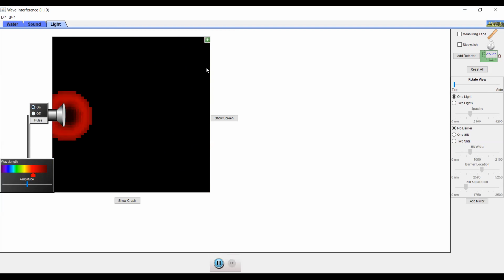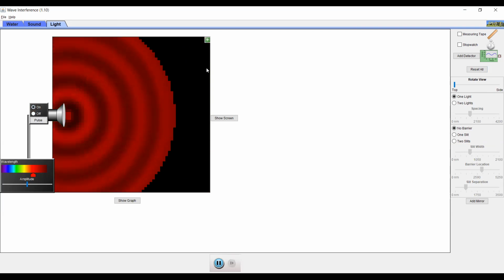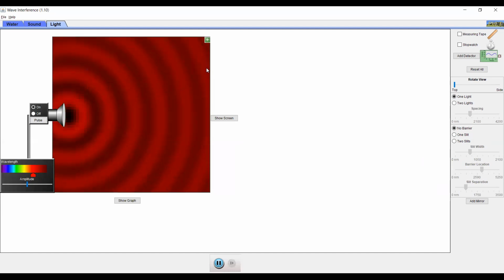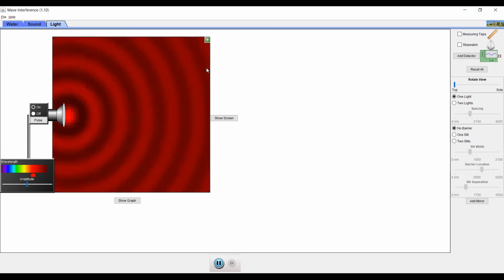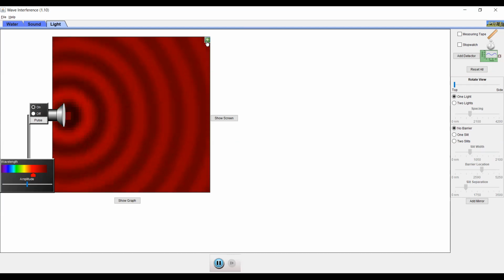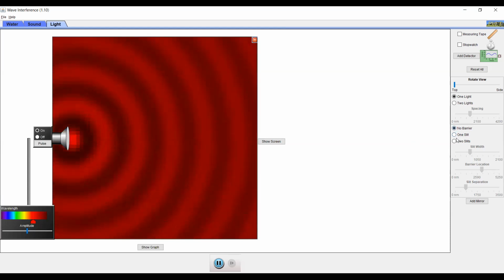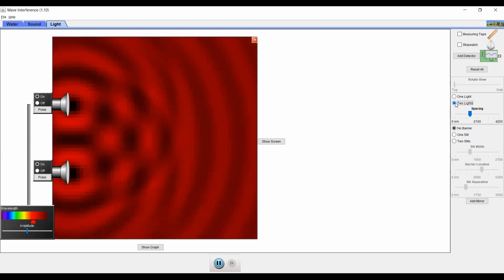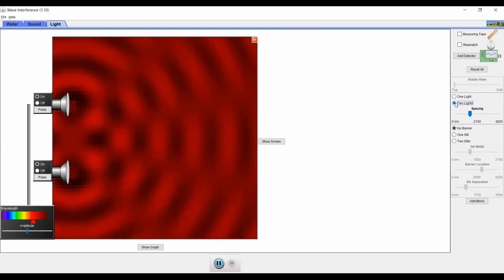Suppose there is a point source. Then that point source is going to release the light in the form of wavefronts. This will be discussed later. It is going to release in the form of spherical wavefronts. Am I right? Now the question is, if I introduce another source, see what is happening.